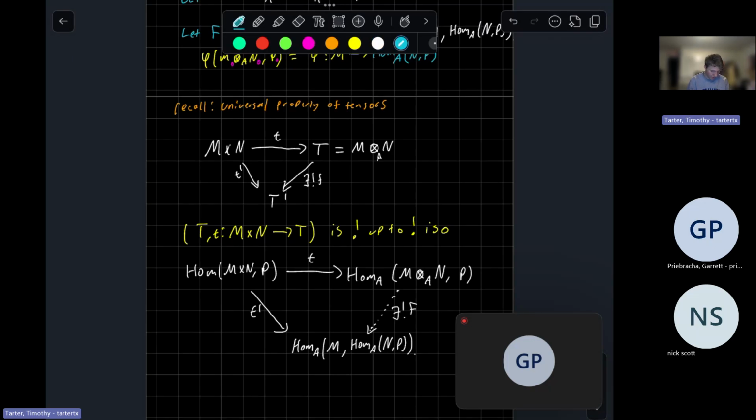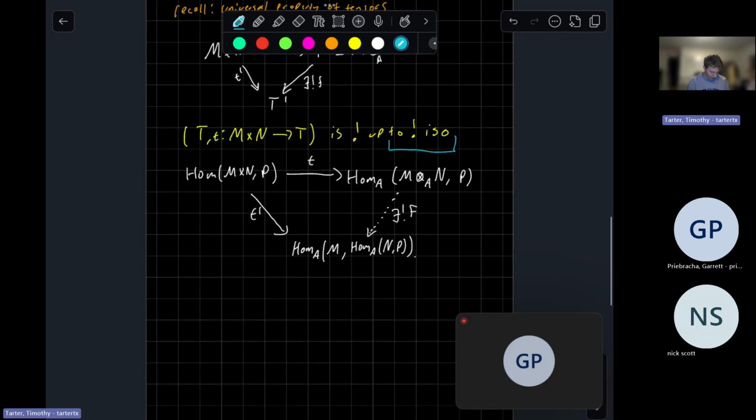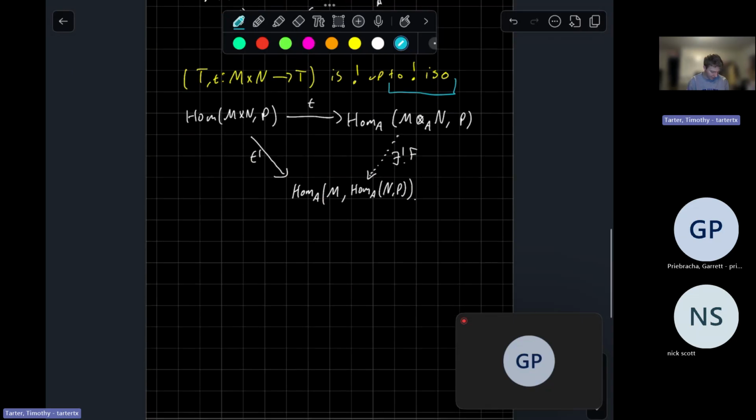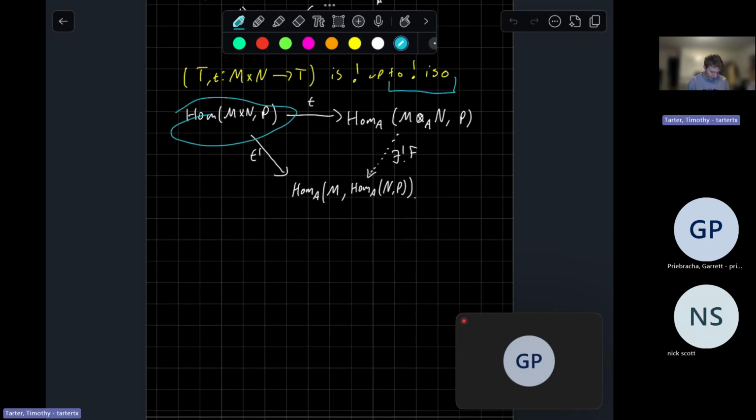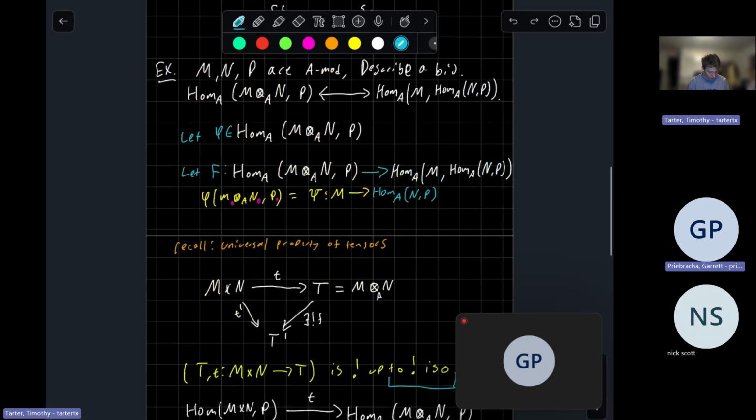And then by universal property, we can find anything in here, and it's going to factor through T and F, where F is the functor that's our bijection. Okay, that makes a lot of sense now.